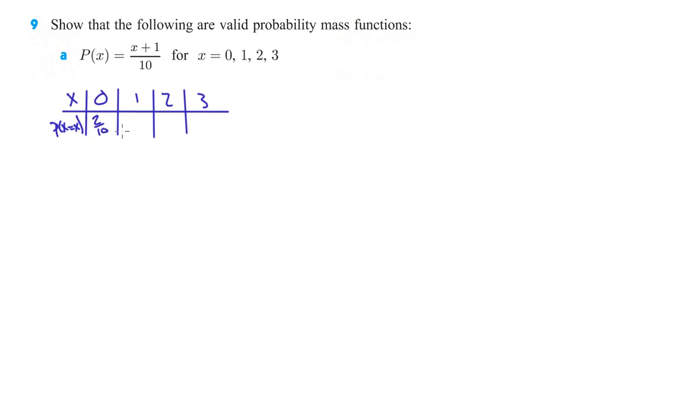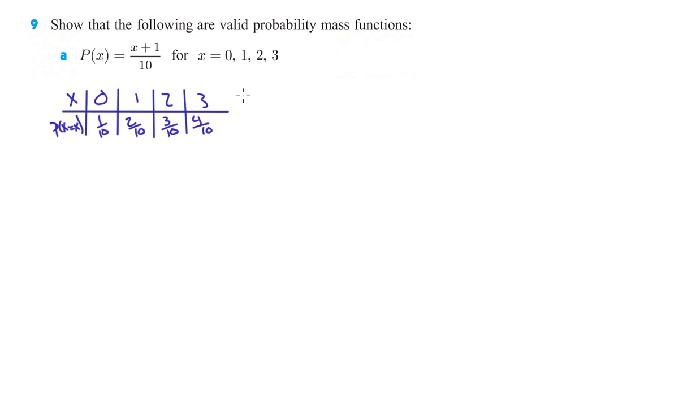So if we plug 1 in, 1 plus 1 is 2, 2 over 10. I'm not going to simplify my fractions because I think it's going to make it easier for me to add them up later. So that one there is 2 out of 10. If I put 0 in, 0 plus 1 over 10 is 1 out of 10. If I put 2 in, 2 plus 1 is 3 over 10. And if I put 3 in, 3 plus 1 is 4 over 10.